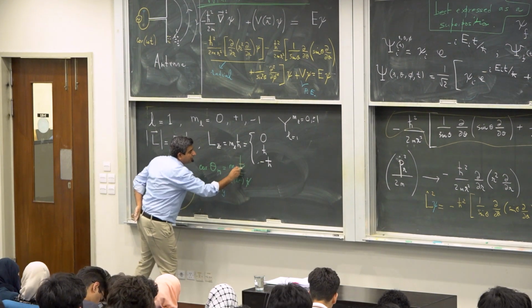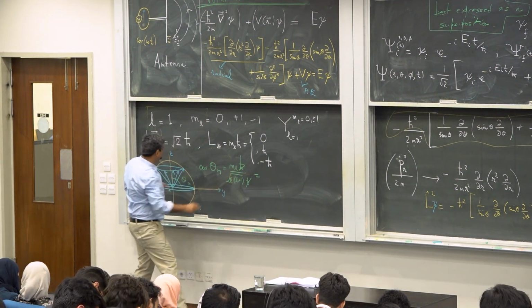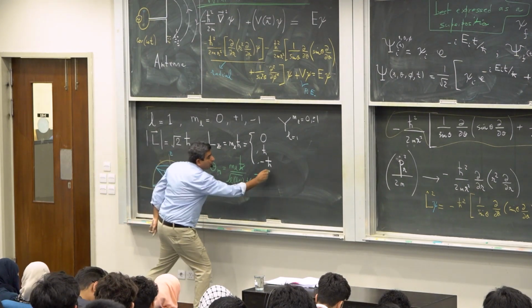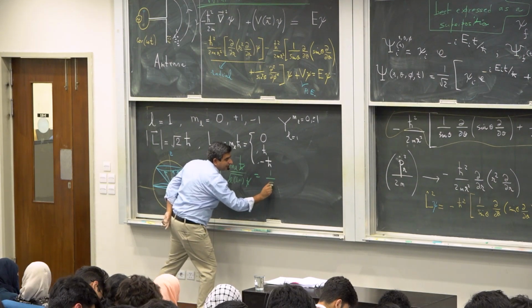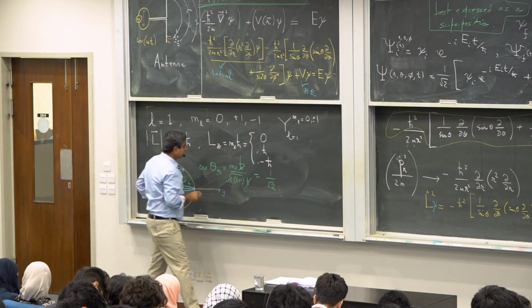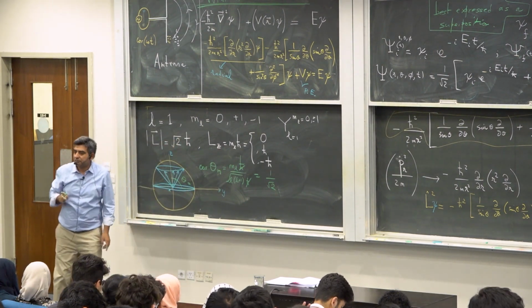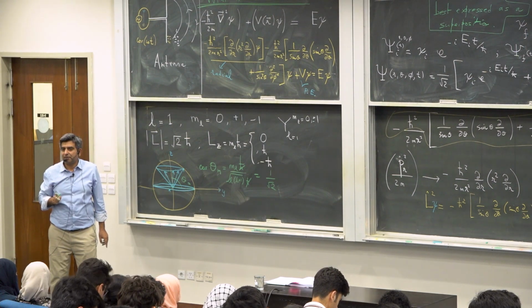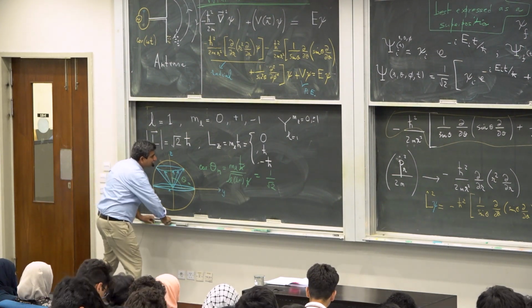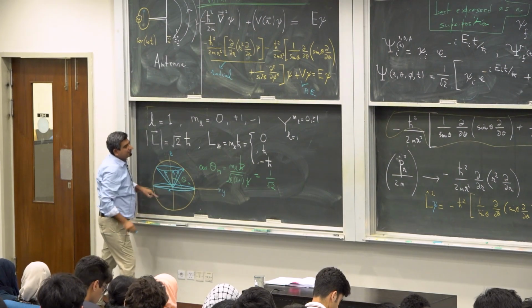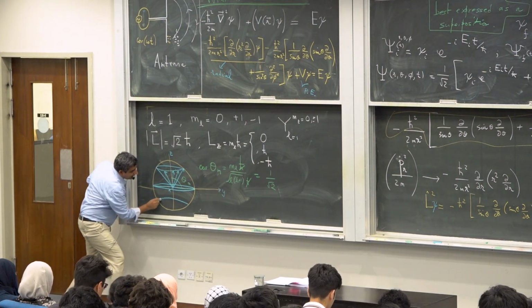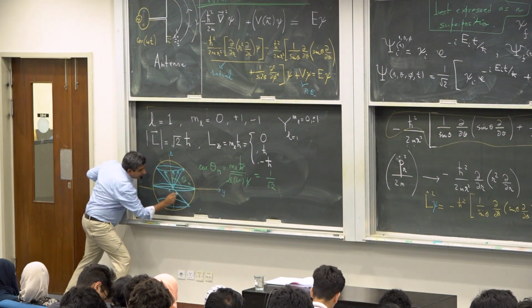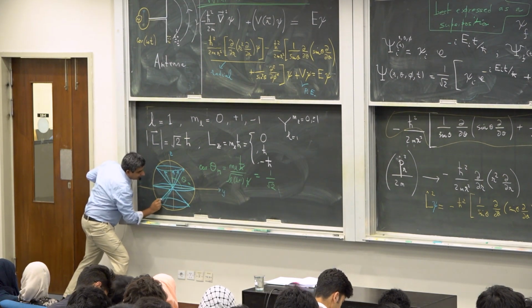The h bars go away, and ML is plus 1 over here, 1 over under root 2, which means that theta m is 45 degrees. But my theta m could also be on the other side, because my ML could be minus h bar. So I could also have my orbital angular momentum pointing on this cone here.